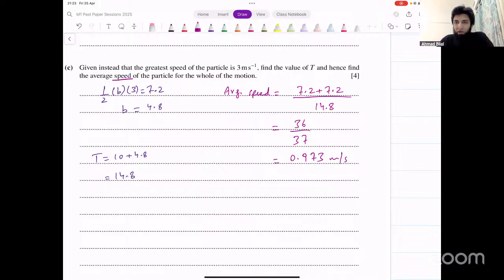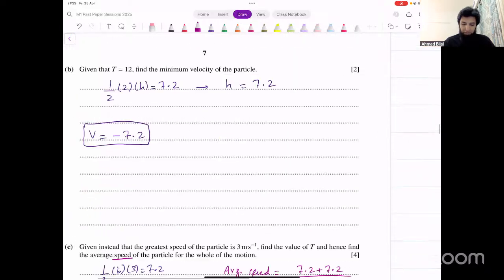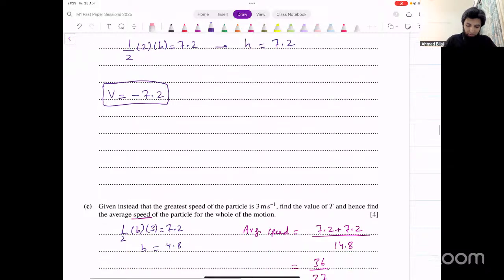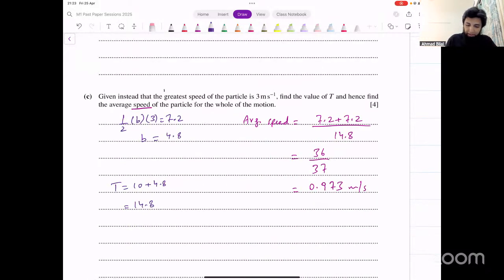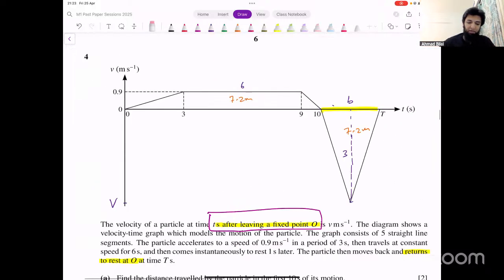Now, how do we know that v is equal to 3 is going to be in that particular time interval? The question says the greatest speed of the particle. Now, this vertical axis represents velocity.